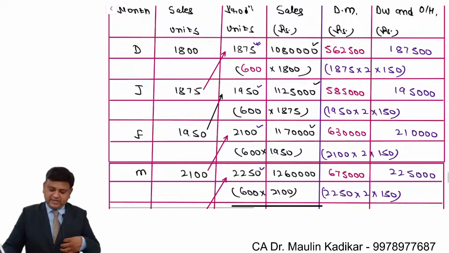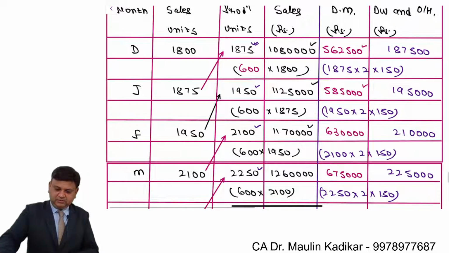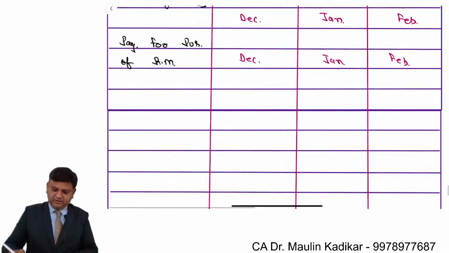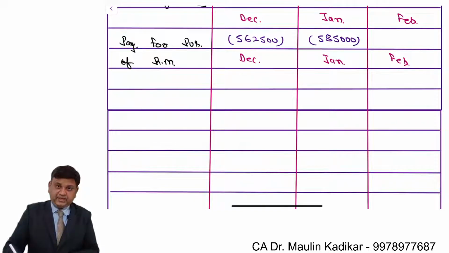So purchase of the direct material is 5,62,500, 5,85,000 and 6,30,000. So here it is 5,62,500. Next is 5 lakh 85,000. And the last is 6 lakh 30,000.